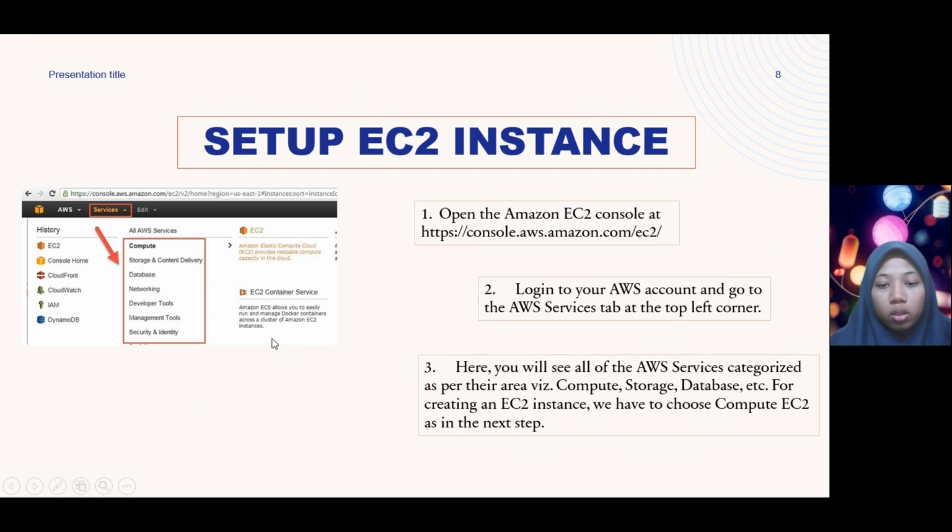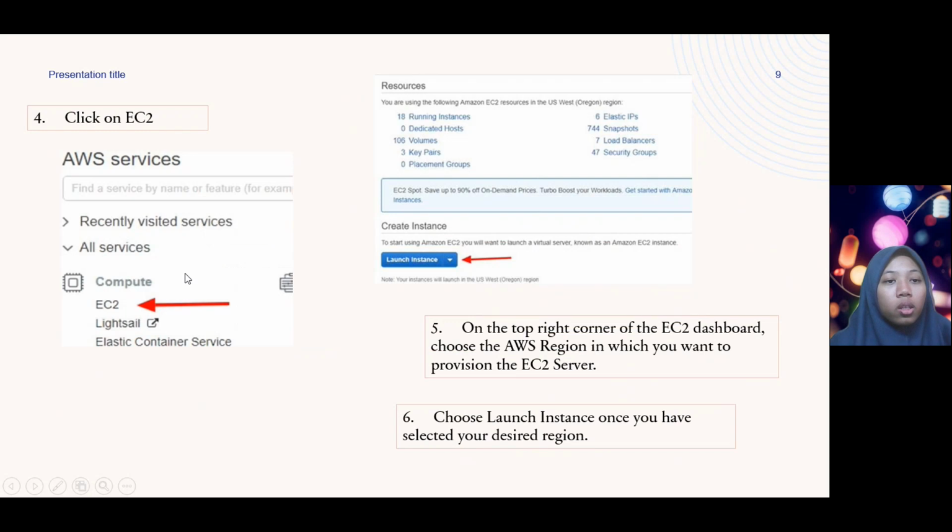For creating an EC2 instance, we have to choose Compute, EC2, as in the next step. Select EC2 on the top right corner of the EC2 dashboard. Choose the AWS region in which you want to provision an EC2 server. Choose Launch Instance once you have selected your desired region.